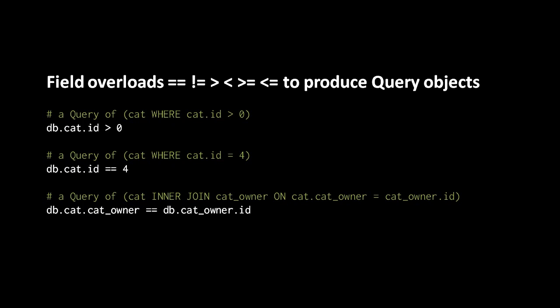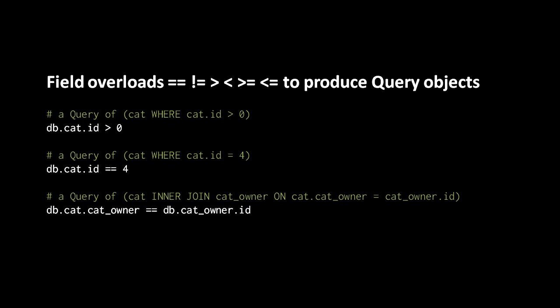The first expression, db.cat.id greater than 0: first, db.cat gets you the table object, and in that table object we have a column id, which is the primary key of that table. So db.cat.id is the field representing that column. And as I just said, the Field type overloads the greater than operator, so given the way overloaded Python operators work, this is actually invoking the method __gt__ of the Field class, and it's passing to it first the field itself, and then as the second argument the value 0.